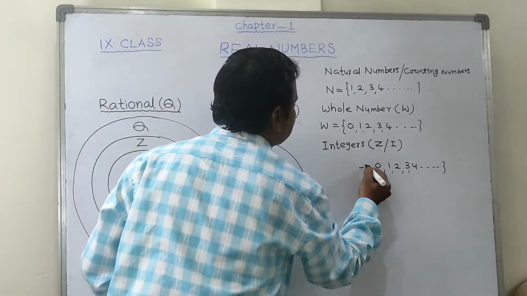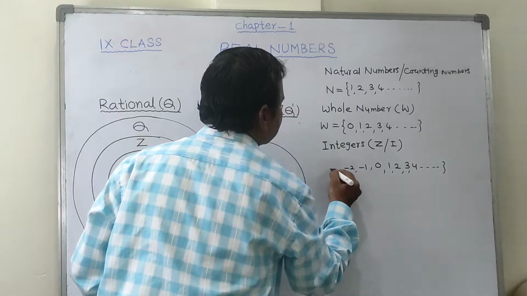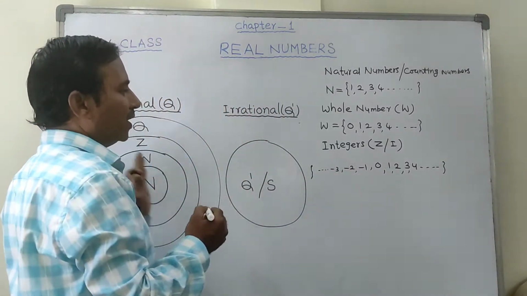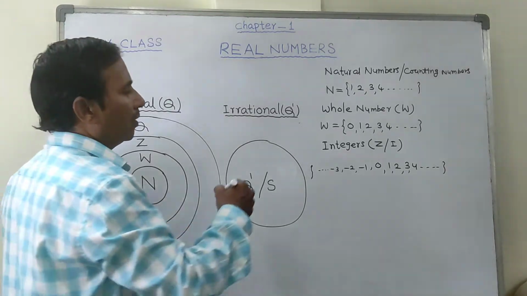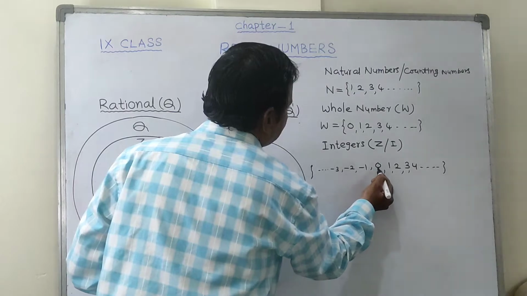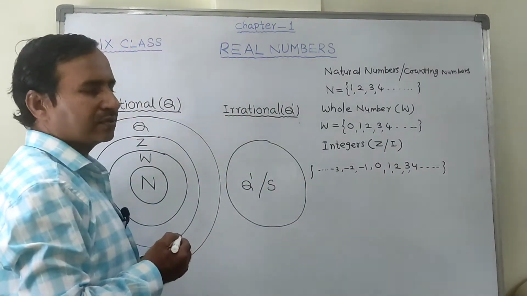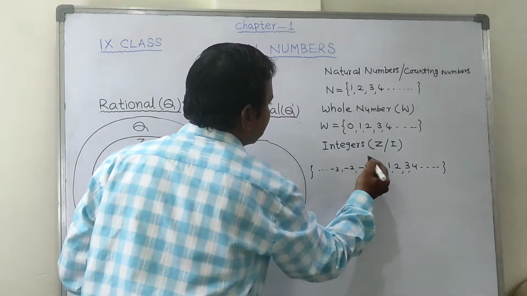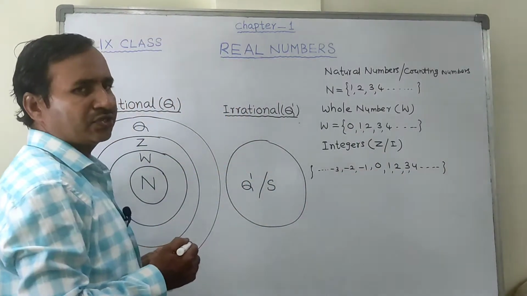On the left hand side take negative values like this: minus 1, minus 2, minus 3, like that. It continues on the left hand side completely. Whereas on the right hand side you are seeing that all positive numbers will be there, and also 0 will be there. Means the combination of positive numbers, negative numbers and 0 are called integers.